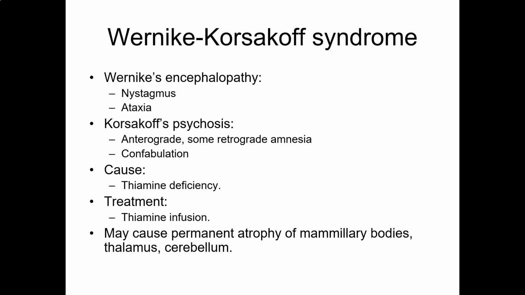This includes things like intention tremor or instability in posture or postural muscles, and a drunken sailor gait, which we learned in the last unit can be due to cerebellar damage. So that's the first part. Korsakoff reported a psychosis that included anterograde amnesia, as well as some retrograde amnesia, as well as confabulation.